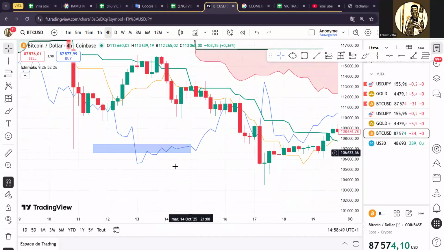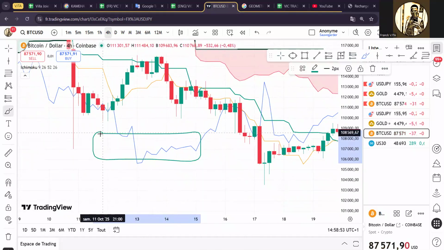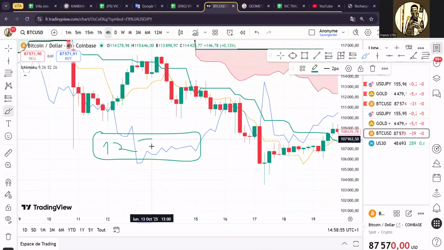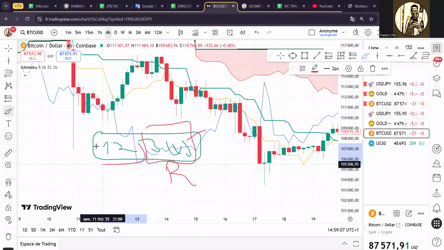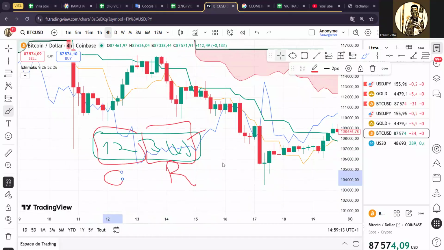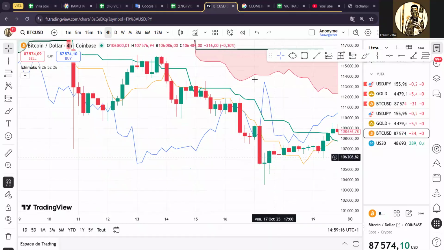I told you that an Ishimoku line can be touched 1, 2, 3, 4, 5 times. But the 3, 4, 5 times are reversal touches. But the 1 and 2 first touch are the continuity touches, so they have more power. It is more secure to enter there than to enter near to the end.